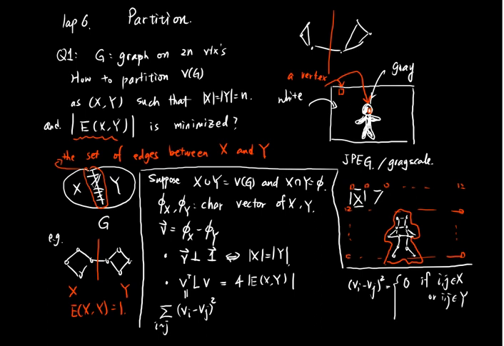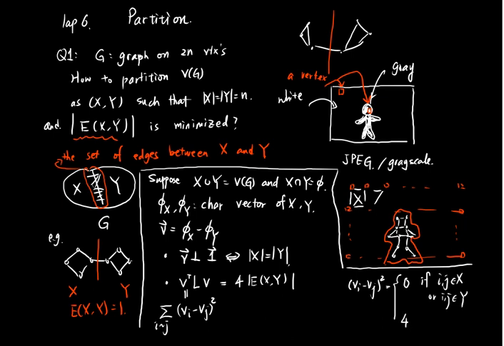If they are both on the same side, then vi and vj are both 1 or both minus 1, so their difference is equal to 0. However, if one is in X and the other is in Y, then it is 2 squared, which is 4.